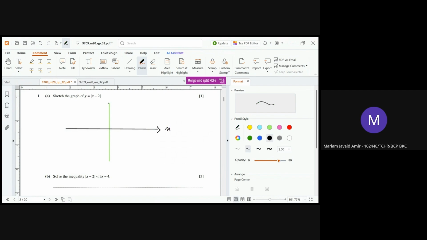We're going to mark 2 on the x-axis because this shape is going to slide 2 units to the right. Now we're going to make a V-shaped graph on it. It has to be as symmetrical as possible, so if it's like this on one side, it's going to be symmetrical on the other side.